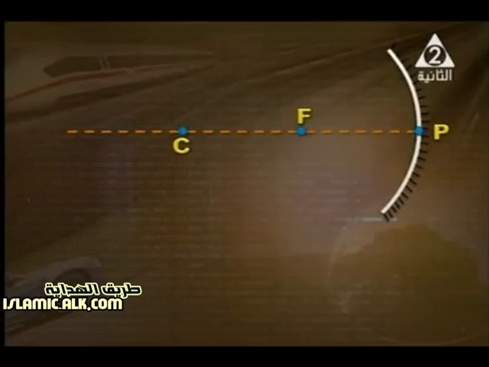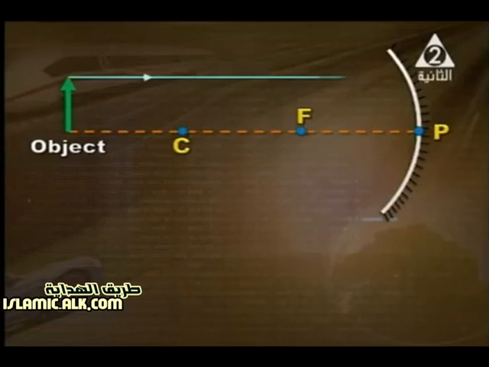The second case. This is the reflecting surface of the concave mirror, and this is the principal axis joining P and C passing through the F. The object lies beyond the center of curvature. It will send a light ray which falls on the reflecting surface of the concave mirror.